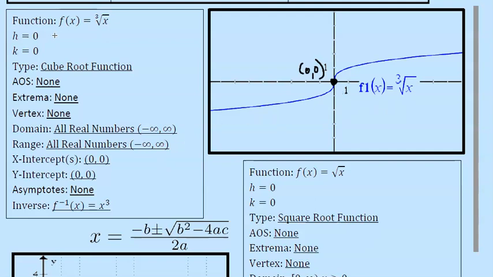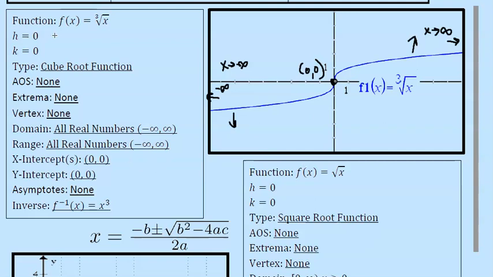So if you look for the domain on the left side, it goes left forever, negative infinity. If you look at the right, it goes right forever, positive infinity. And then if you look at the range, it's going to go up forever and down forever. All real numbers.